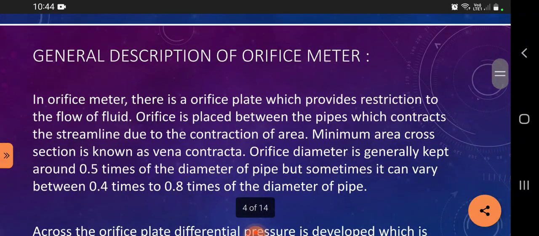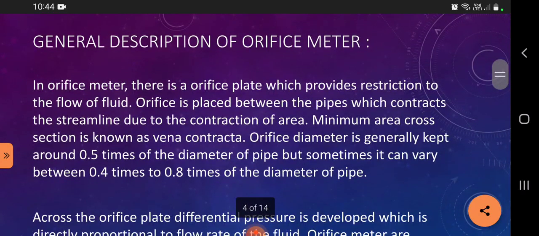General description of orifice meter. In an orifice meter, there is an orifice plate which restricts the flow of fluid. The orifice is placed between the pipes, which contracts the streamline.